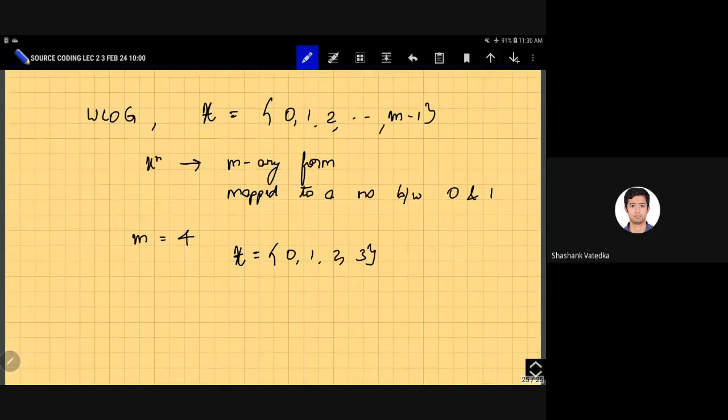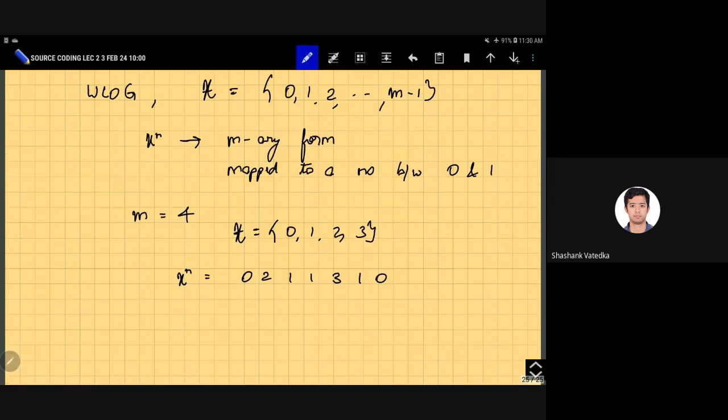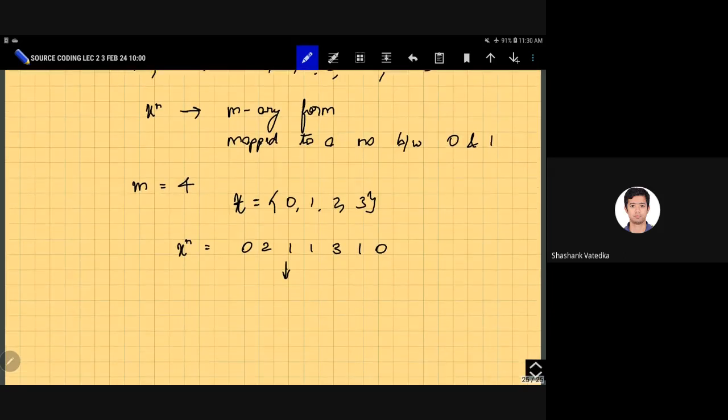If I'm given a sequence xn, say 0, 2, 1, 1, 3, 1, 0, then I can represent this in quaternary form as 0.0211310.